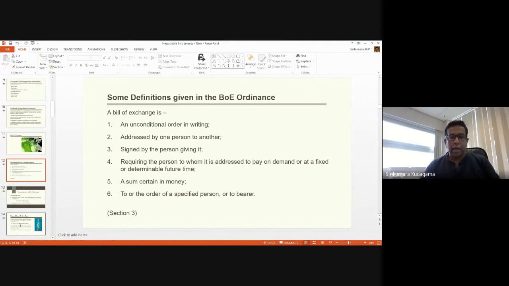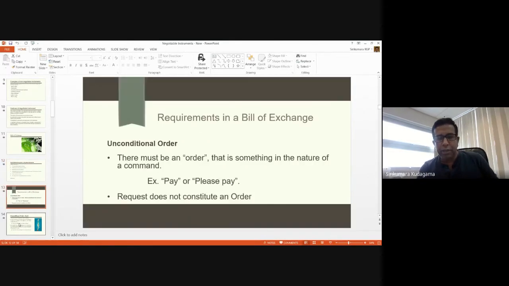Firstly, a bill of exchange needs to be an unconditional order in writing. It must be an order, something in the nature of a command. Examples: pay, please pay. This is not a request. It's always an order.